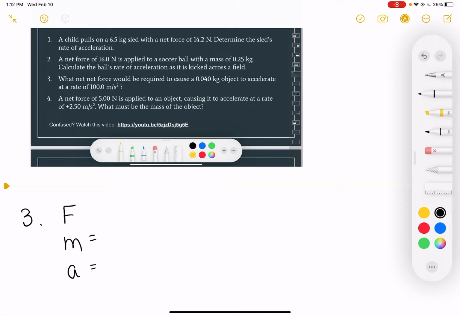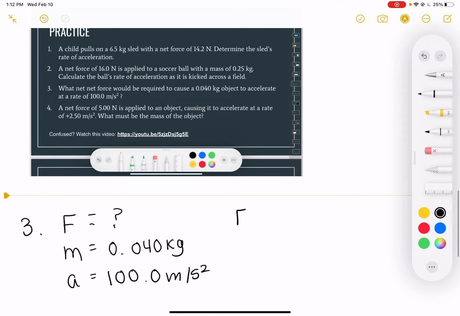So the question's asking what net force would be required to cause a 0.040 kilogram object to accelerate to 100 meters per second squared. So we're using F is equal to ma, where we're just going to multiply these two numbers together.